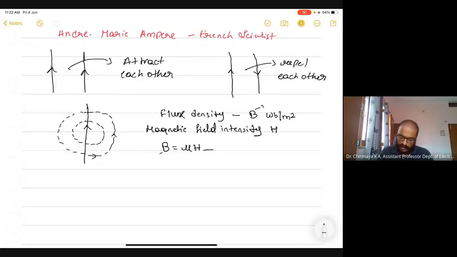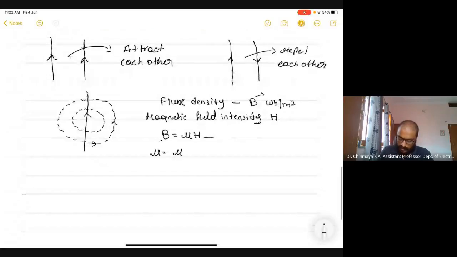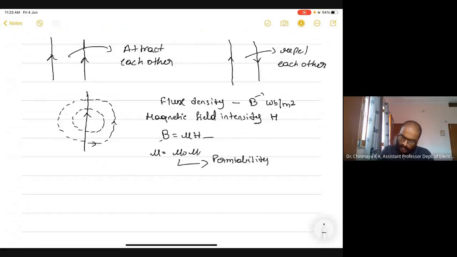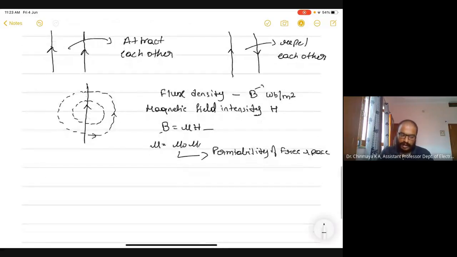Mu can be written as mu naught and mu r. Mu naught is the permeability of free space, and mu r is the relative permeability.